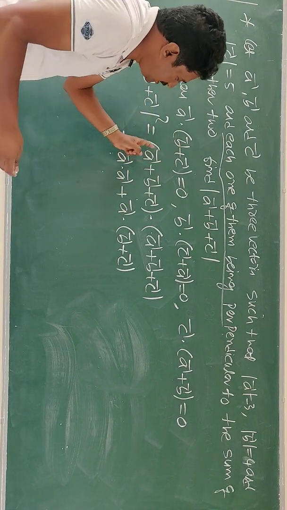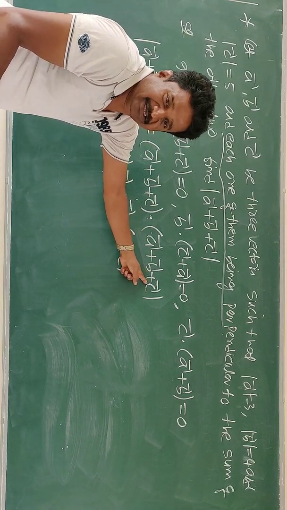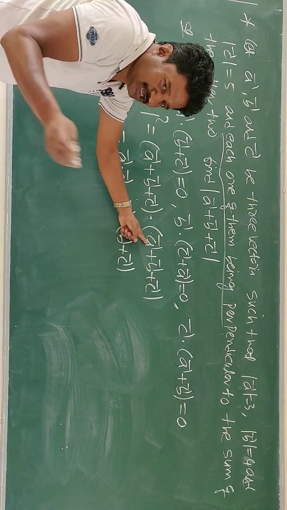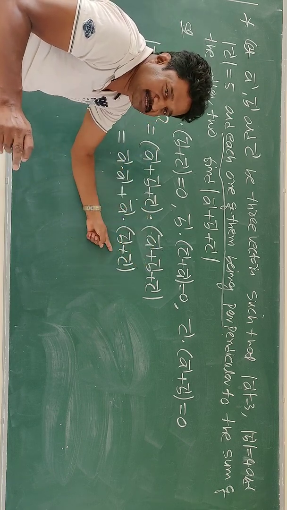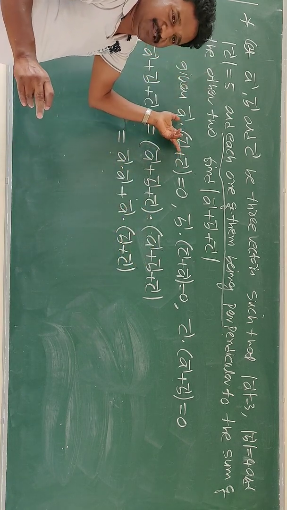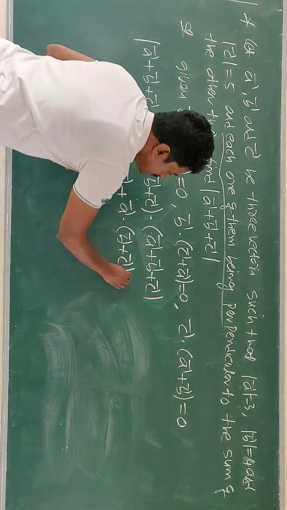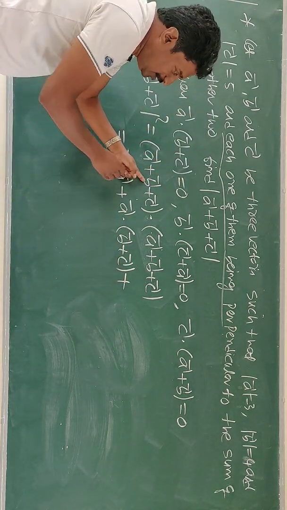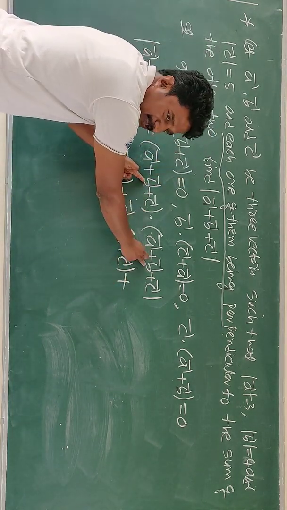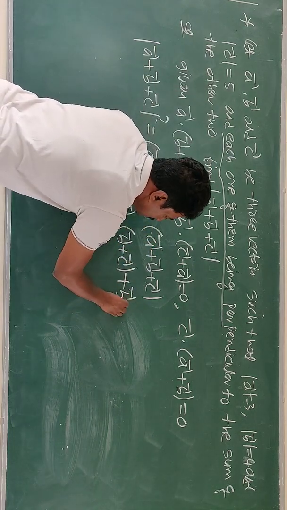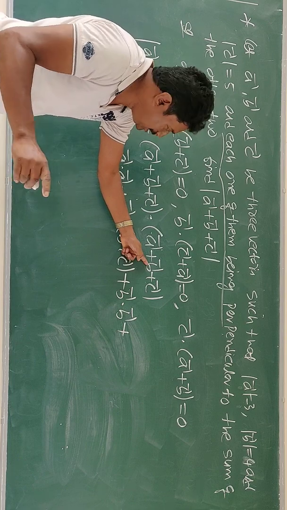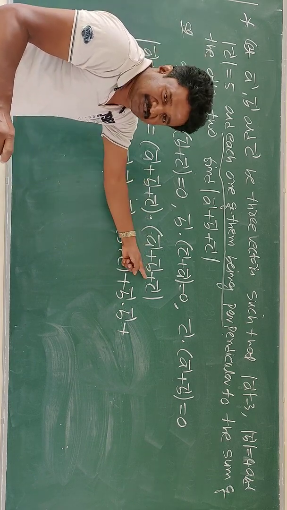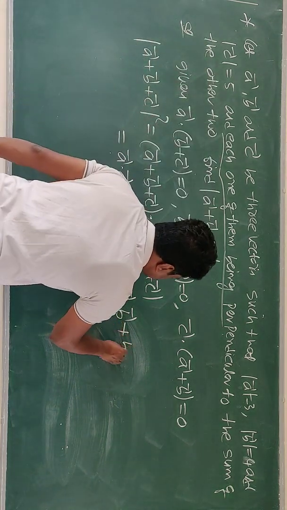Then come to B. B dot B plus B dot (A plus C).